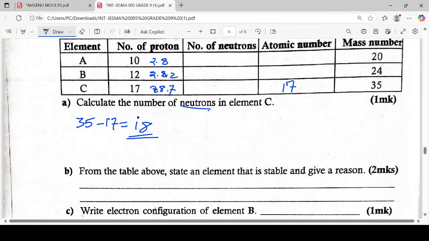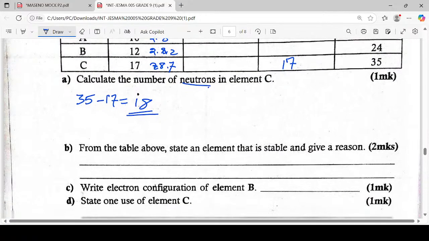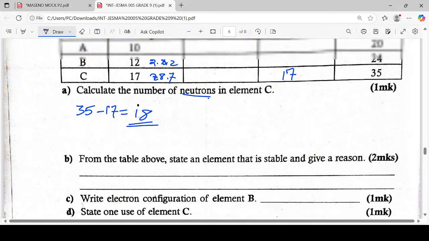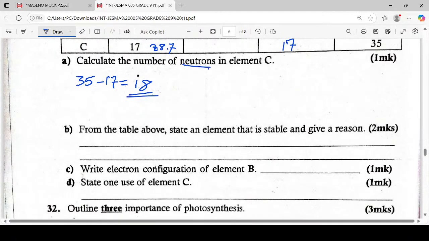Looking at the outermost energy level, which element has 8 in its outermost energy level? It is element A. So here we say set an element. So this will be element A.